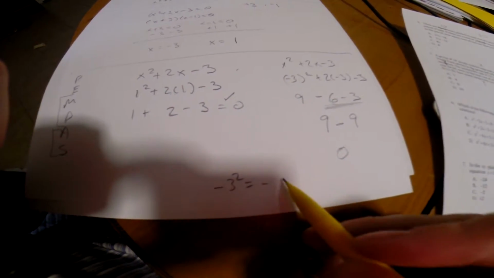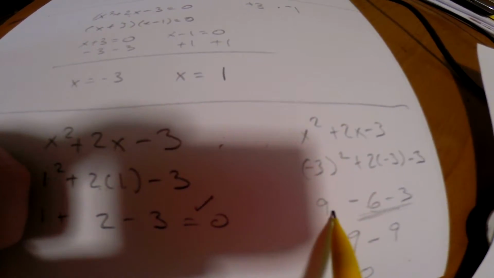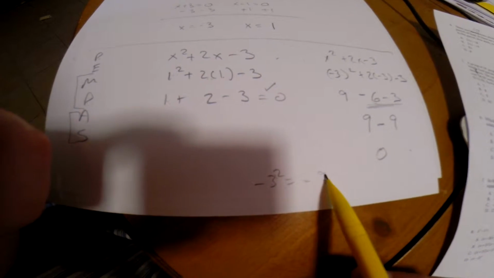So this is actually equal to negative 9. But this, in parentheses, means I'm doing negative 3 times negative 3, which is 9. Most of the time if you're doing this by hand, most people realize negative 3 squared is 9. But when they type it in the calculator, they usually type it in like this, and they end up getting negative 9, and without realizing it, they miss the question.